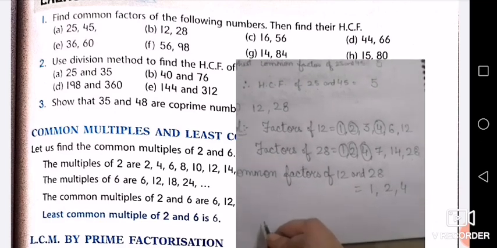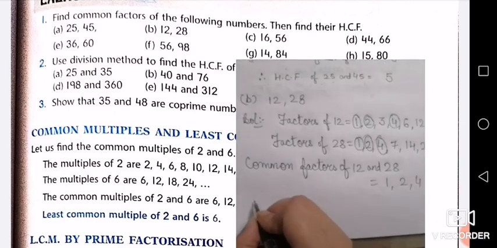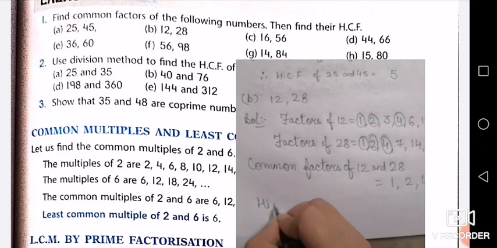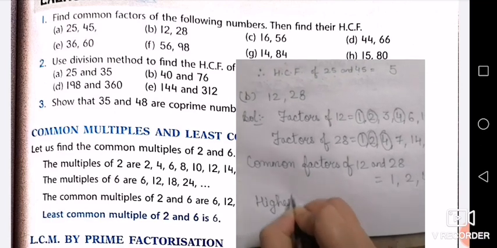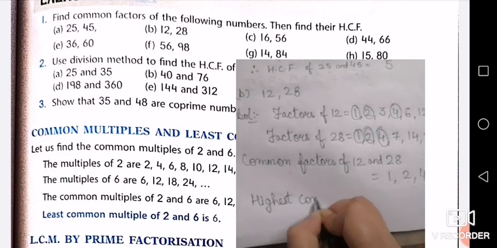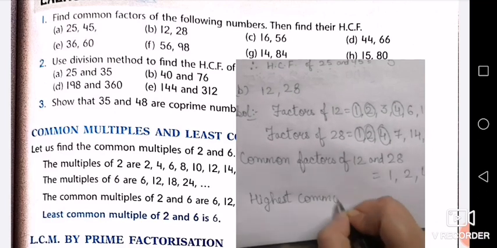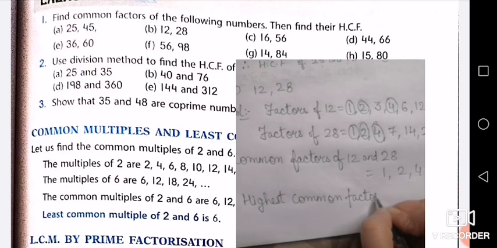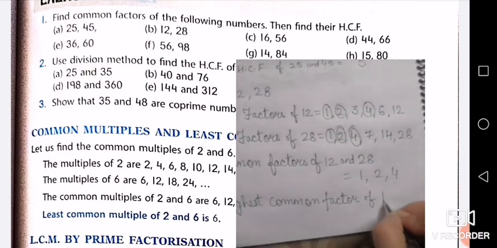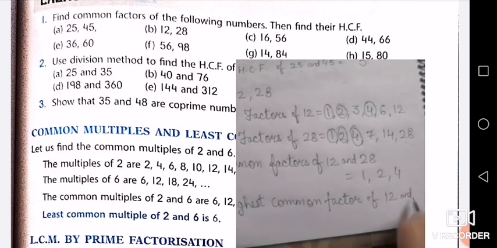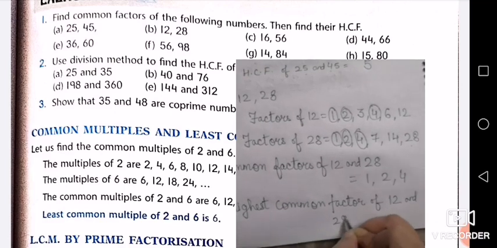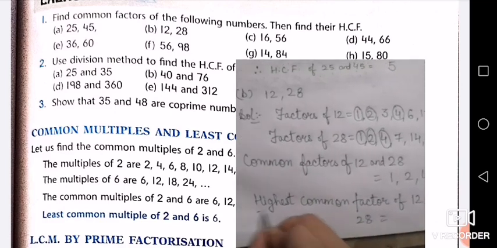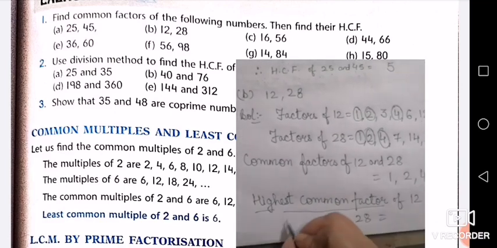Now the next step is to write the highest common factor. So highest common factor of 12 and 28 is, what is the short form of highest common factor?